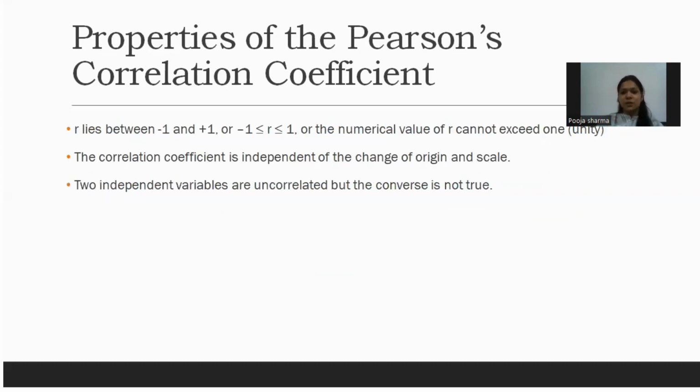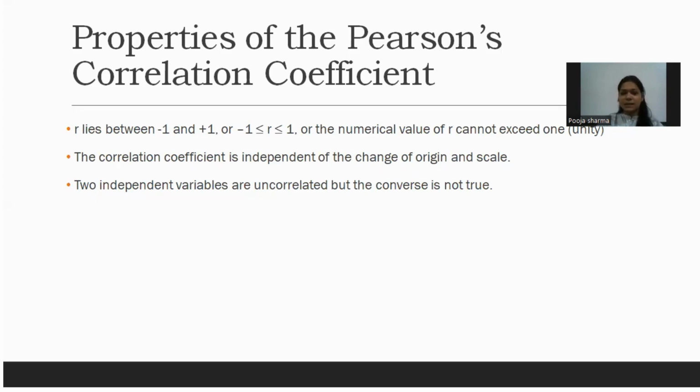Now, the properties of correlation. One is that r lies between -1 and +1. It cannot exceed 1. If your value is greater than 1, that means you are not calculating it correctly. The correlation coefficient is independent of change of origin and scale. That means if you multiply, add, or subtract anything with your variables, it doesn't affect the r value.